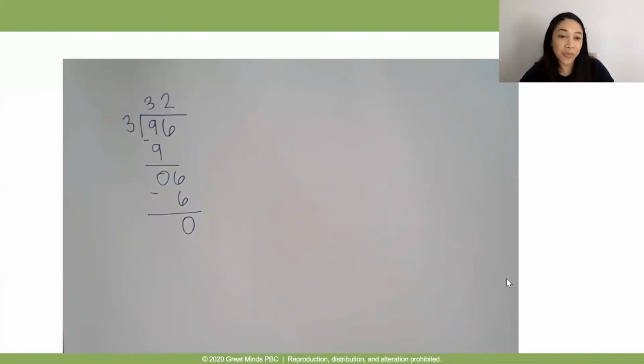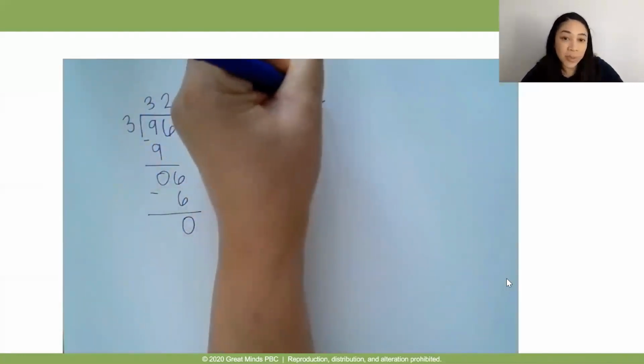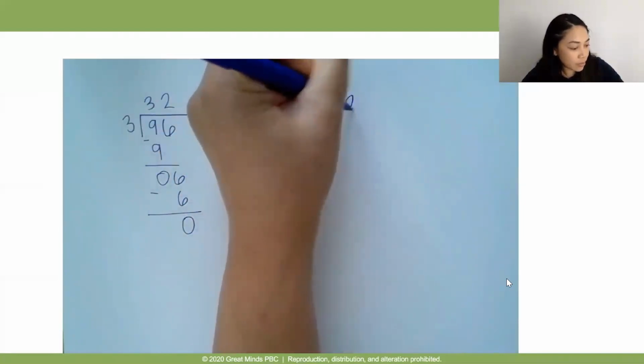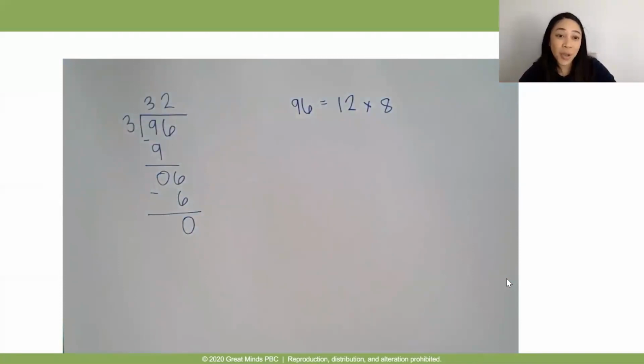Another way that we can solve if 96 is a multiple of 3 is if we use associative property. 96 equals 12 times 8. Let's go ahead and factor 12 as 3 times 4.